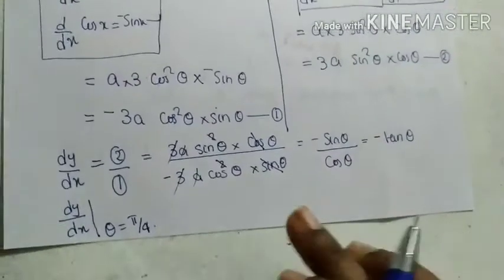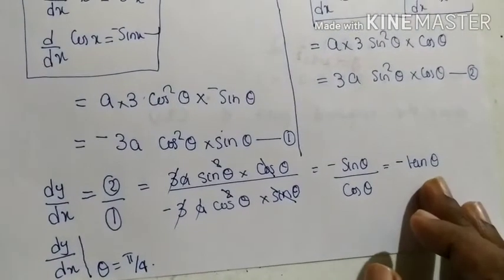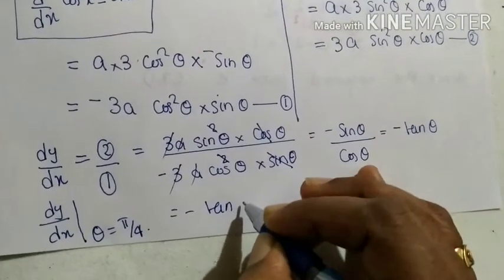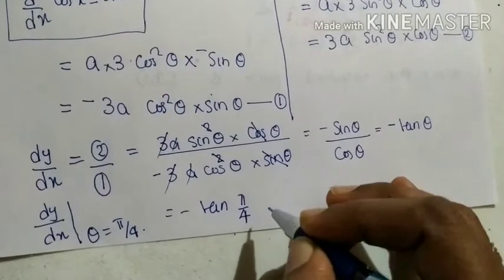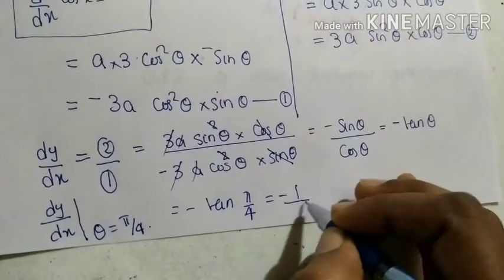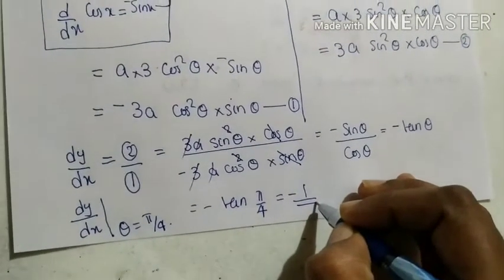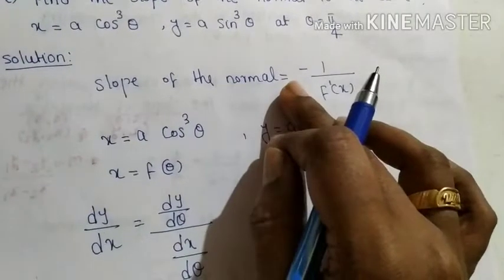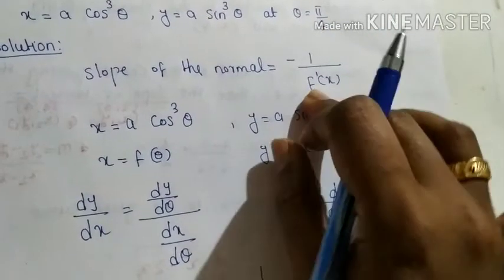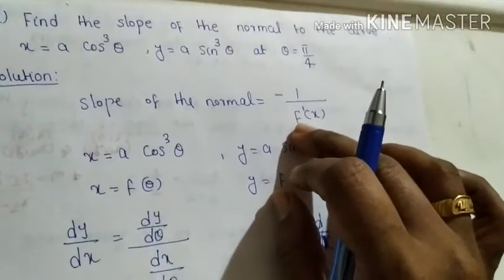Substituting the value of theta here, we get minus tan pi by 4. We know that tan pi by 4 is equal to 1. So our answer will be minus 1. Our question is to find the slope of the normal. We know that the slope of the normal is minus 1 divided by the derivative of our function, right?